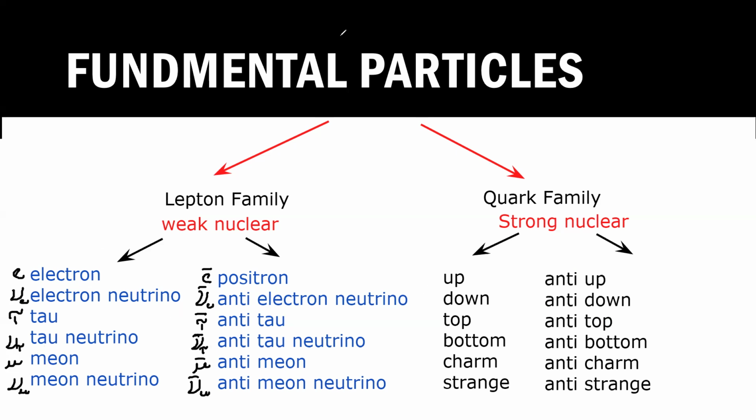And what about the quark particles, which are up, down, top, bottom, charm, strange? The first letter is the symbol. In chemistry, the symbol for electron is e negative, not e bar. You can write e negative, and for the positron you can write e positive. That is also a way to represent it, but it's not a bar there.